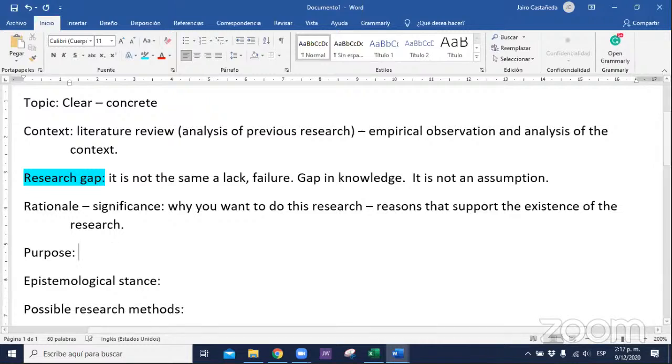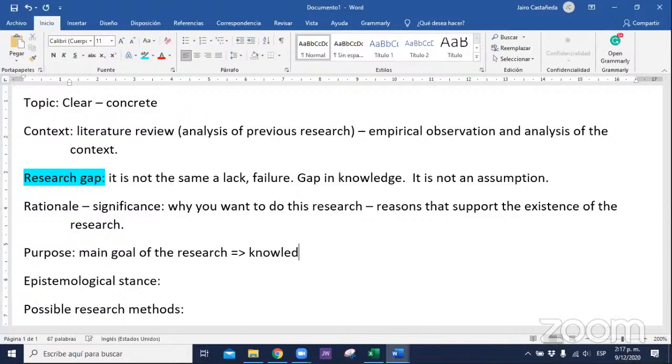And of course, the purpose has to do with the main goal of the research. The main goal of the research is going to be directed most of the time with knowledge.